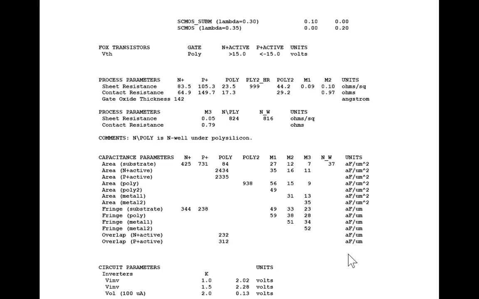The sheet resistance for poly 1 is 23.5 ohms per square, right here. And the capacitance from poly 1 to substrate, if it's not on thin oxide, when it's used as interconnect, is 84 attofarads per square micron.